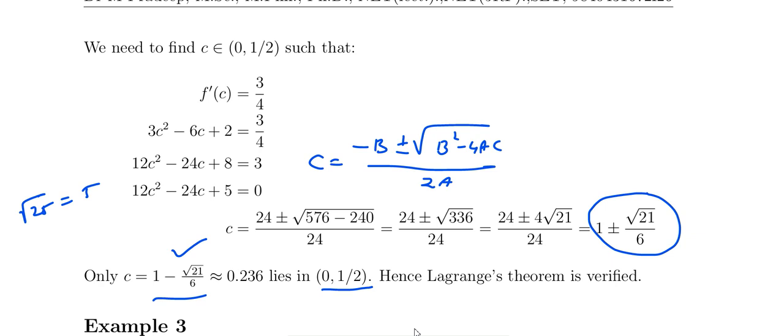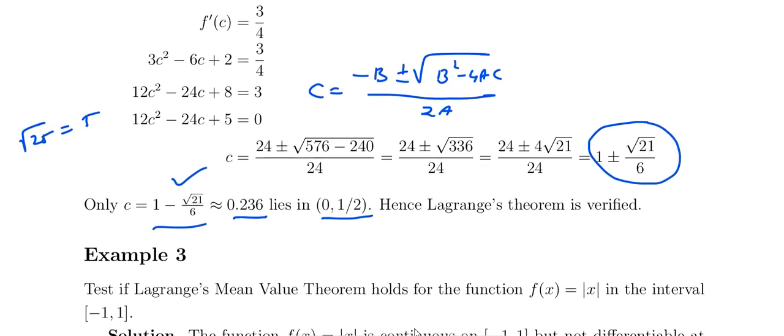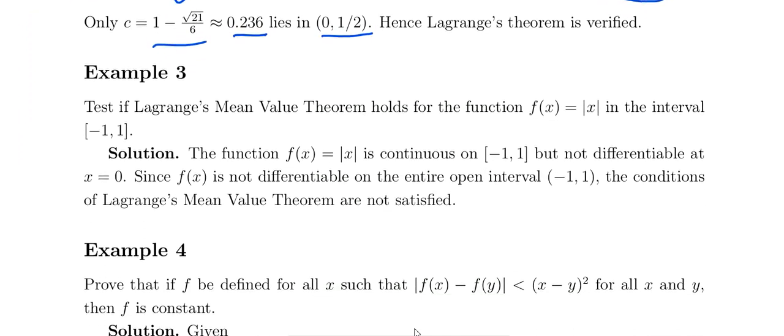So 4 point something divided by 6 is 0 point something. So 1 minus 0 point something may be the value. But 1 plus will be a very high value.